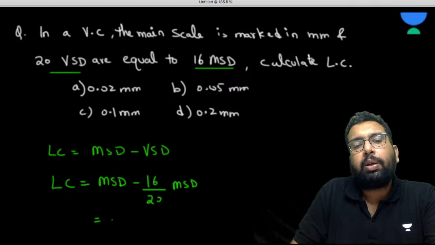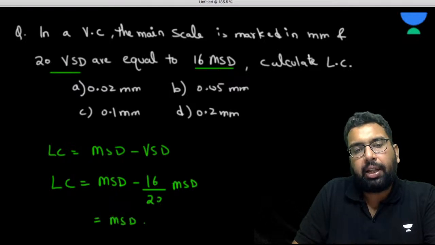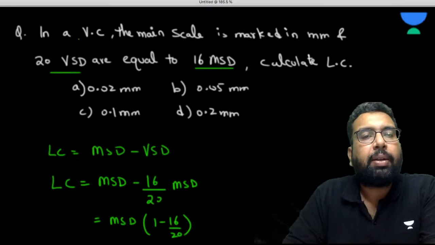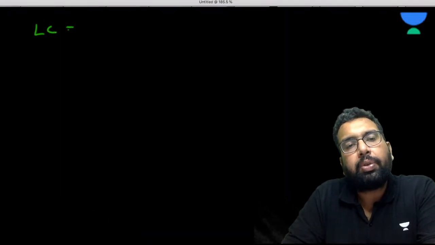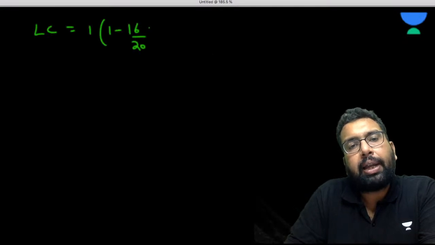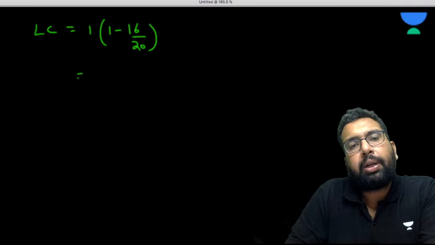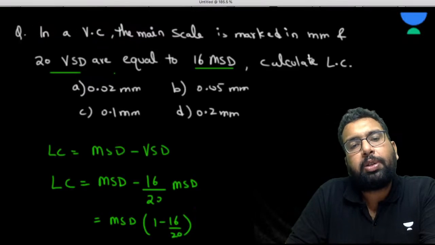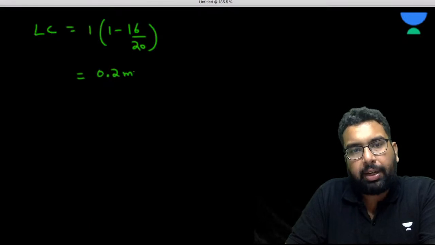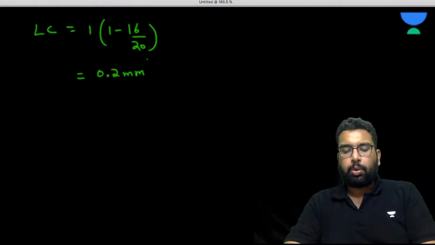So the least count is MSD times (1 minus 16 by 20). Here 1 MSD is 1 mm, and 1 minus 16 by 20 is 0.2, so it is going to be equal to 0.2 mm. When we calculate it, we are getting 0.2 mm.